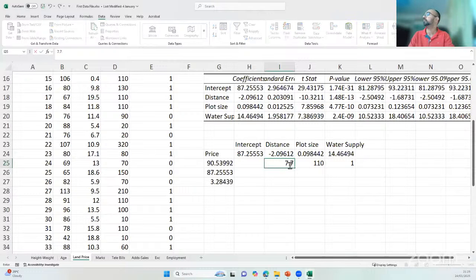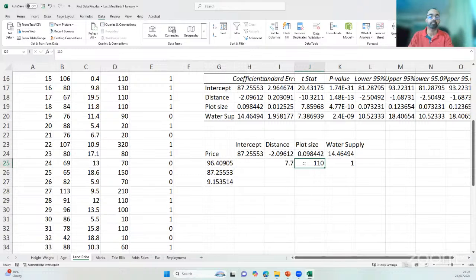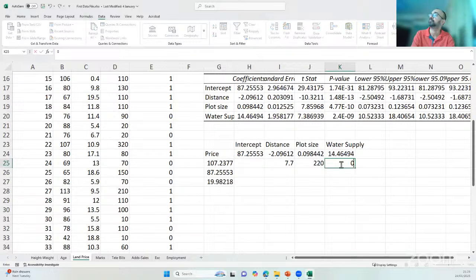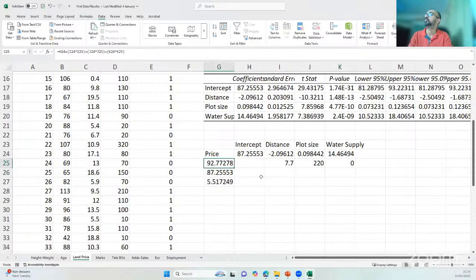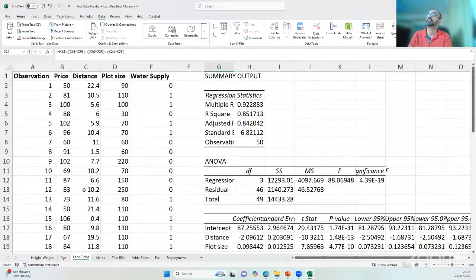If you see, without water, you can see it is 92 point something, right? But the sales price is quite high, 102. Okay, so it can deviate in both directions. That is possible.